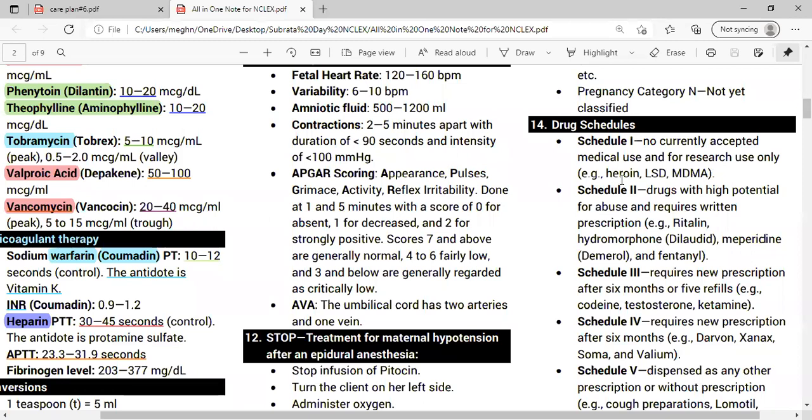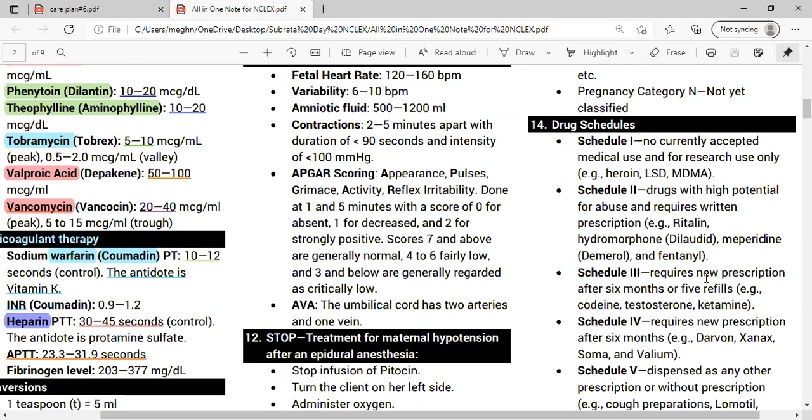Example is heroin, so it is not allowed to use. Schedule 2 drugs have a high potential for abuse and require a written prescription, like meperidine, hydromorphone.